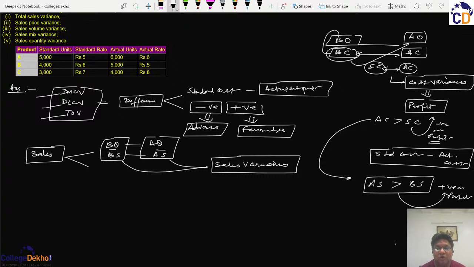So instead of writing the formula as standard cost minus actual cost, we show it oppositely: actual sales minus budgeted sales. If this is positive, the actual sales are more, so it has a favorable impact on the profit, and vice versa.